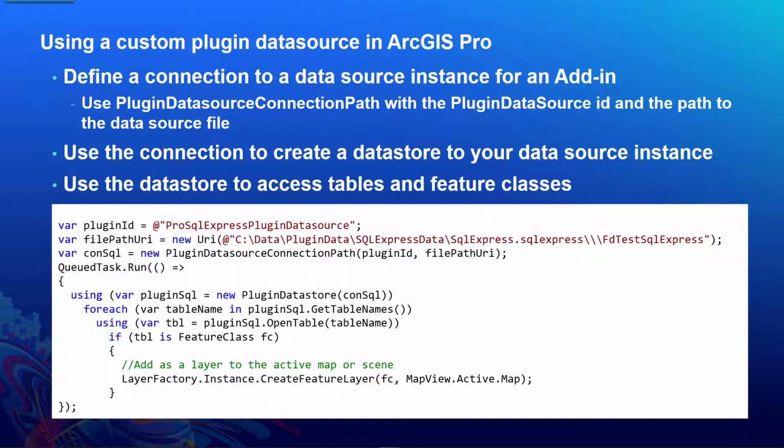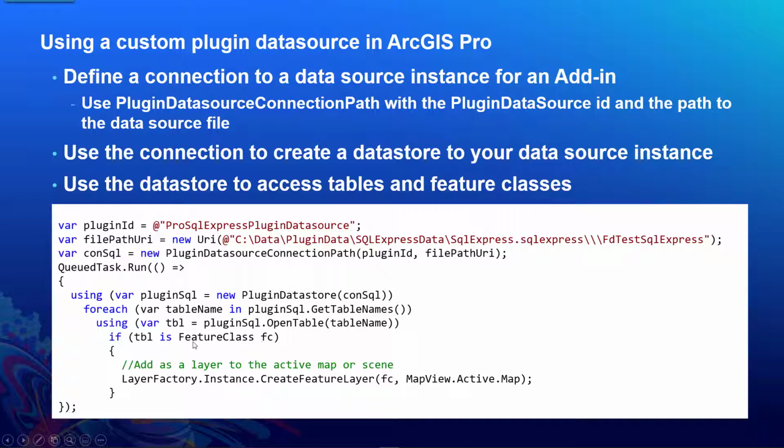And then using that connection that I get back from the plugin data source connection path, I open my plugin data store. And then I can use the GetTableNames to return all the table names that exist within my plugin data store. I can then open each one of these tables.